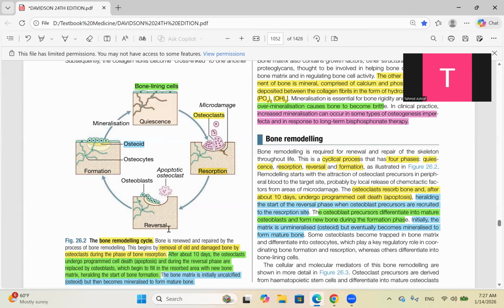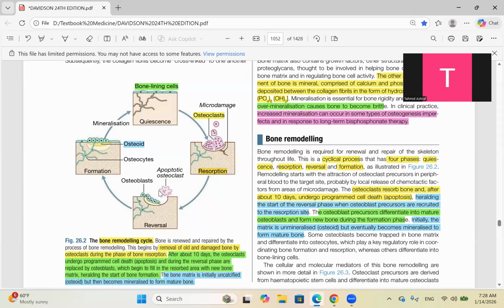Reversal means when something returns to its previous condition. Before resorption, the bone was in a normal condition, quiescence. After resorption, the bone becomes thinner because it loses some things. In the reversal phase, the bone gets back its lost thickness. The main cells responsible are osteoblasts, which are bone forming cells.